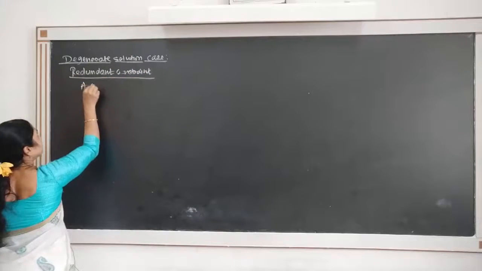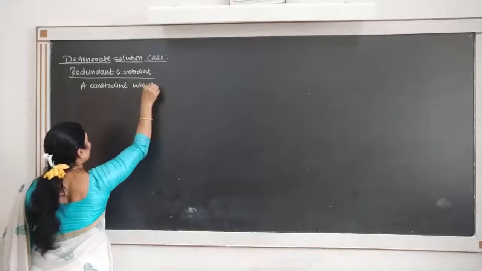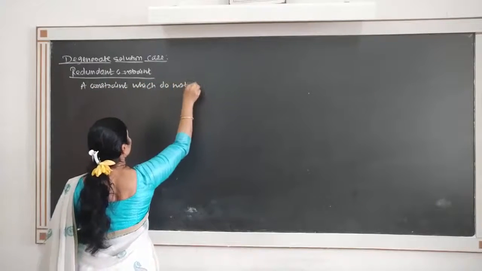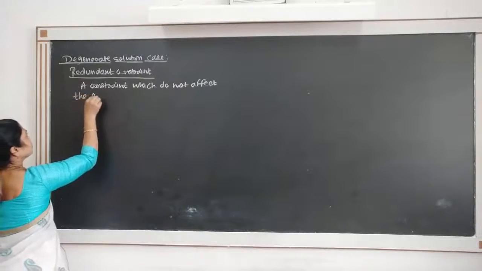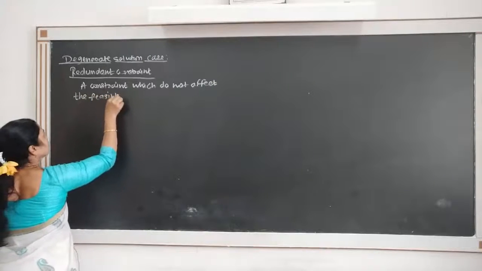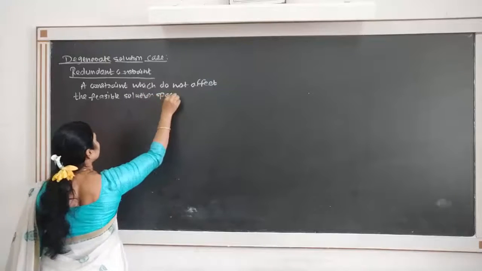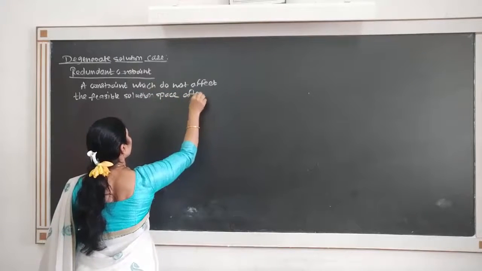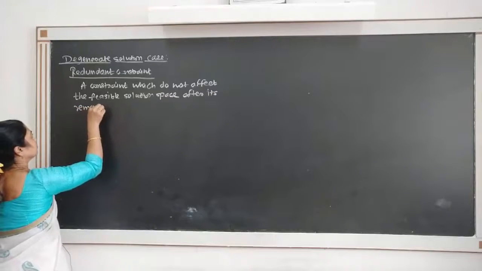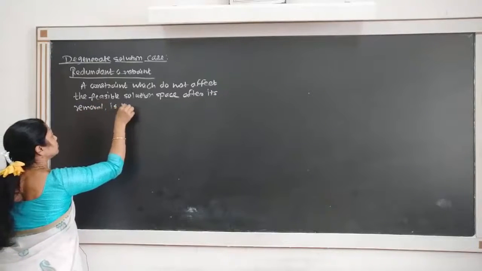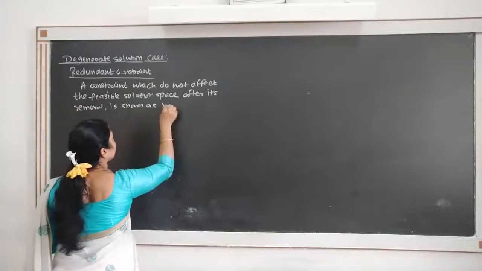A constraint which does not affect the feasible solution space after its removal is known as redundant constraint.